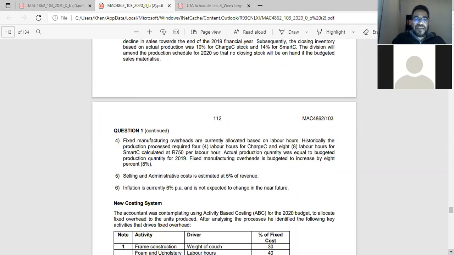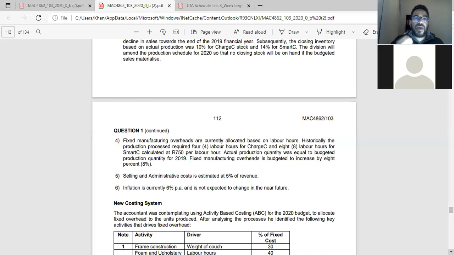So what you must understand is that under the traditional costing method, you can allocate overheads in one of two ways, either using an inputs method or output. Output is if they allocate overheads based on units produced.